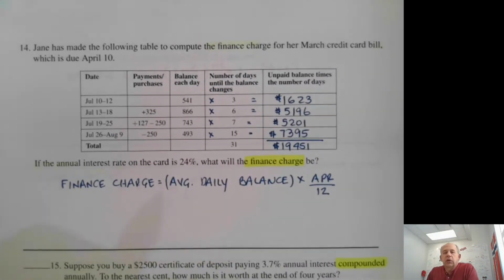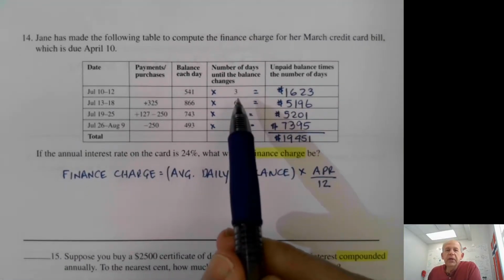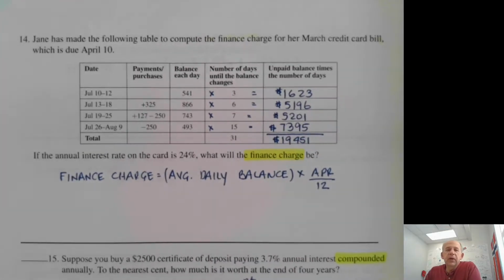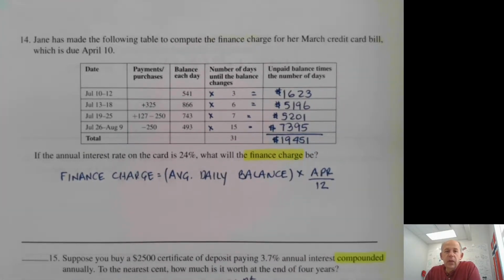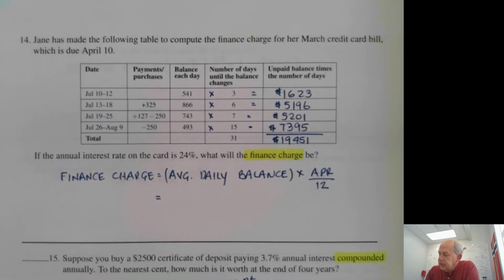This is a credit card problem. And on your final, all of this will be given to you, meaning the table values. You do have to be able to know how to find the finance charge. And the finance charge is your average daily balance times your APR over 12.